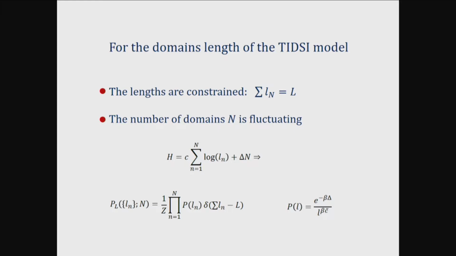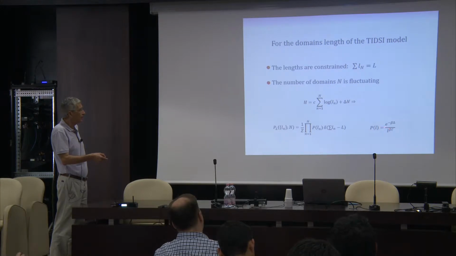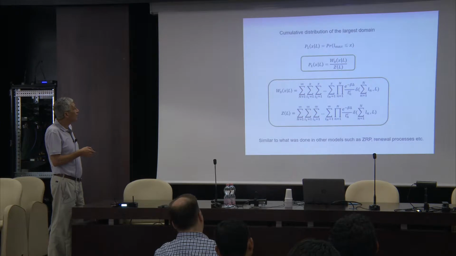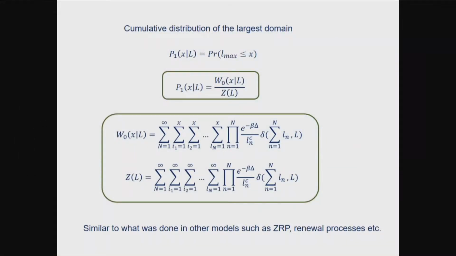So basically, P of l_n is just given by this. The way to calculate it, the cumulative distribution function, is usually described here before. You calculate W0 of x given L. That's the cumulative distribution that all domains are of size less than x.